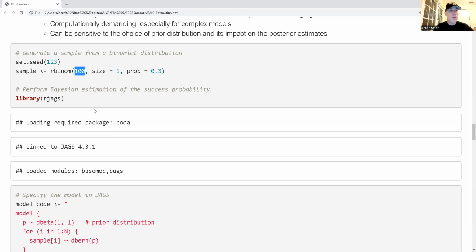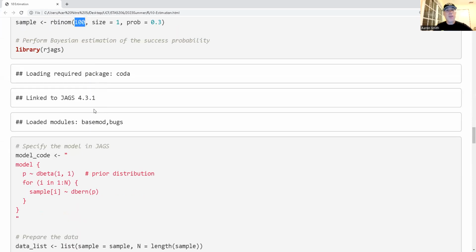Now, what we're going to do is the classic introductory Bayesian estimation problem of using the beta distribution. Here, this is going to be a uniform beta as our prior. So this is the uniform distribution. What we're doing is saying I have no prior knowledge of where the probability of heads or tails would be.